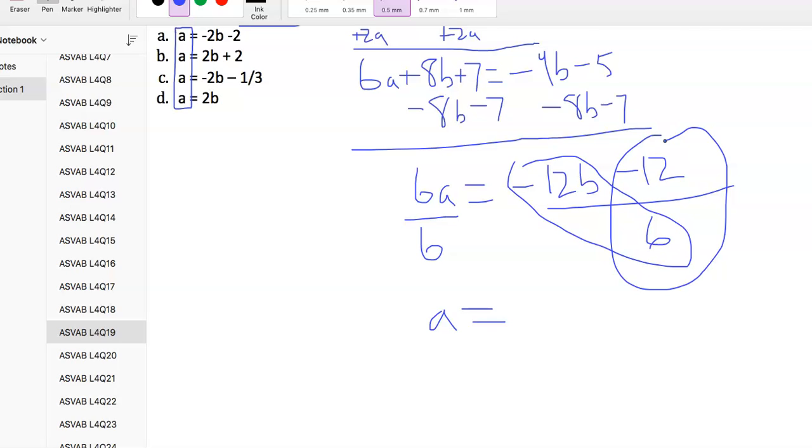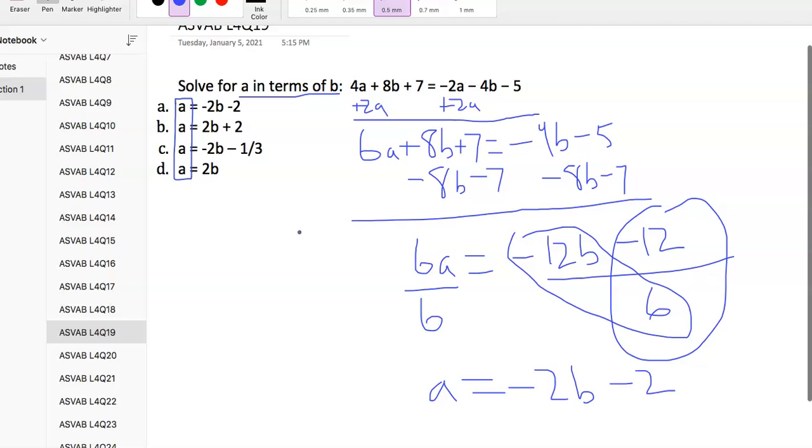Negative 12B divided by 6 is negative 2B, and negative 12 divided by 6 is negative 2. That's our final answer: A equals negative 2B minus 2. There it is, answer choice A. That's all I got to do for that one.